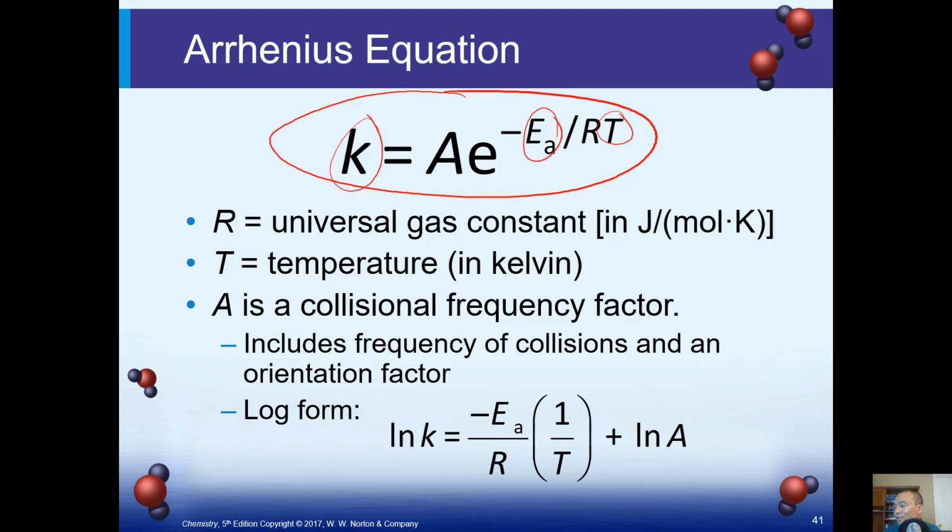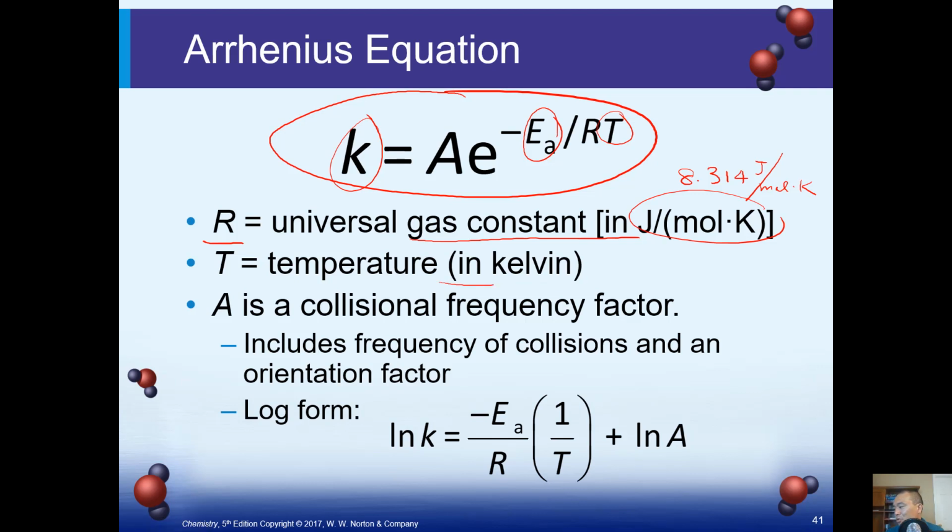And rate constant is a lowercase k. The R is the gas constant in joule per mole per K, or in another word, you should use 8.314 joule per mole per K. That's the number you should use for the gas constant.